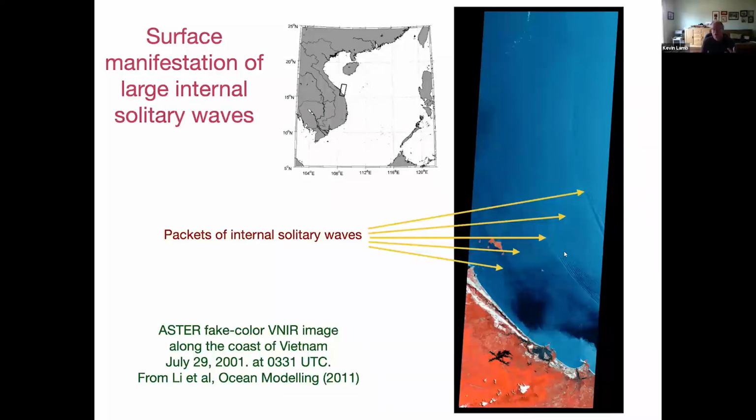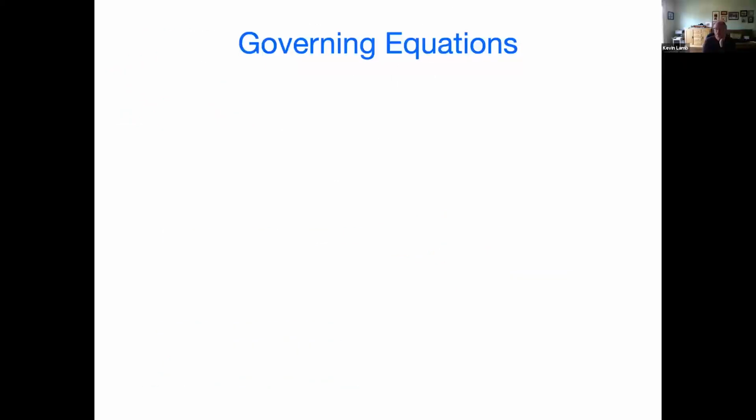So these waves have large currents associated with them that modify the surface wave field, and that gives rise to these dark and light bands on the surface of the ocean. And here, we're on the western side of the South China Sea, and that's home to the world's largest observed internal solitary waves, which have amplitudes of about 200 meters in extreme cases. So very, very large waves.